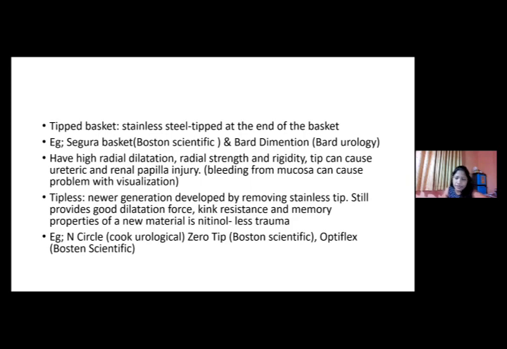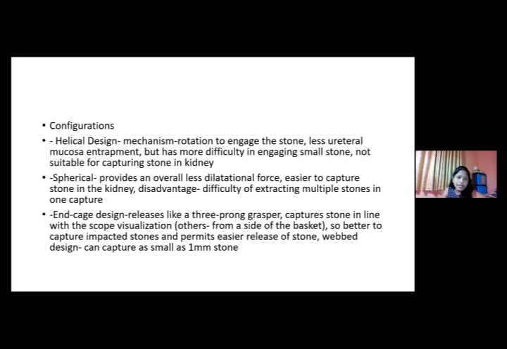The tipless baskets are the new generation, made of nitinol material. They have good dilatation force, are kink resistant, and have memory properties. The configurations can be helical, spherical, or N-cage design.